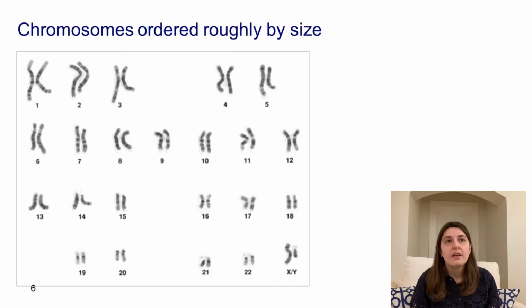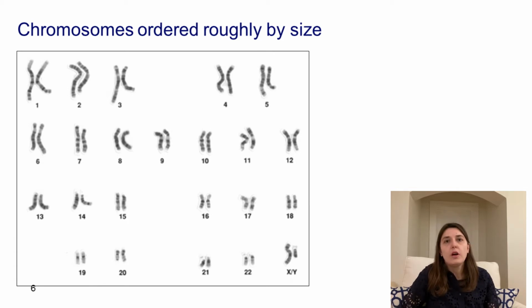Now, let's talk about an example of DNA that was reconstructed, in this case, the DNA of my grandmother Claire. It turns out that the numbers associated with chromosomes roughly indicate their size. Chromosome 1 is on the longer side, chromosome 22 is on the shorter side.